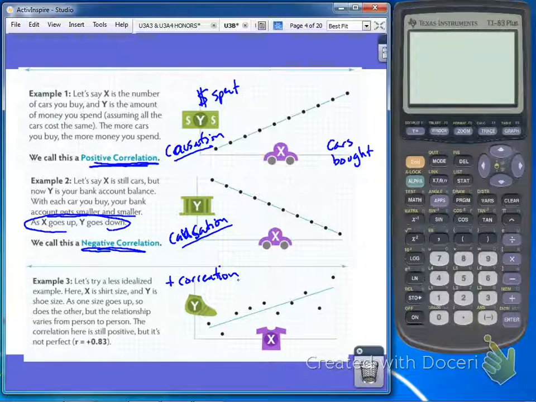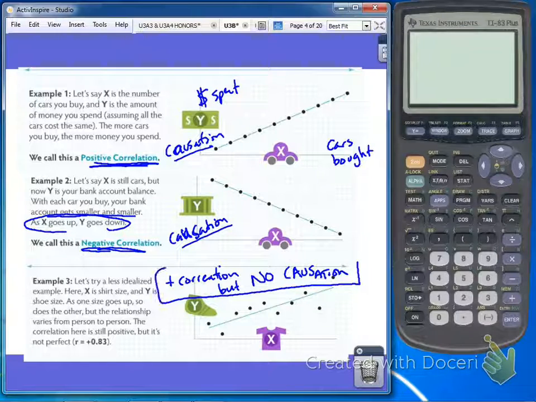It's because it doesn't, right? So there is a positive correlation here, but no causation. So you can have correlation, but not causation.